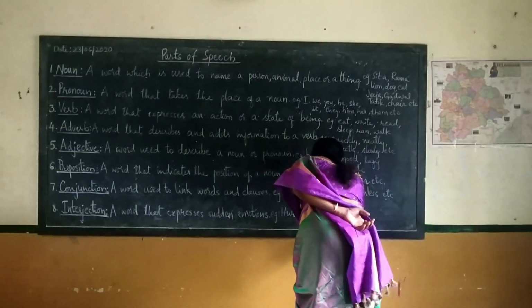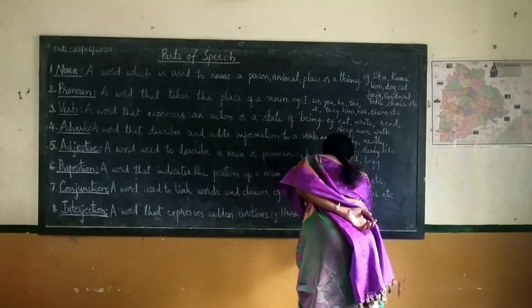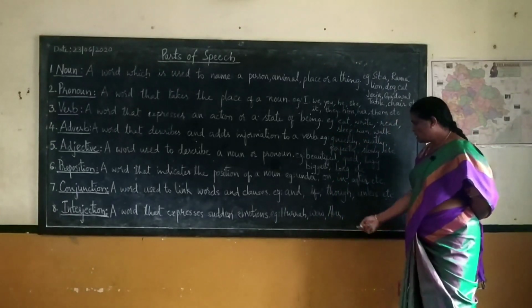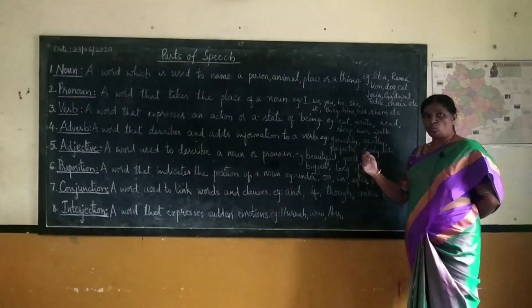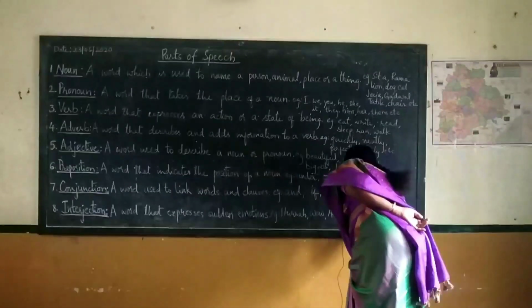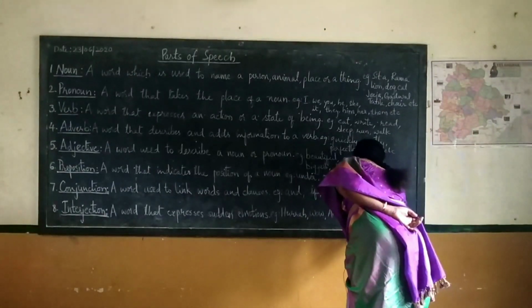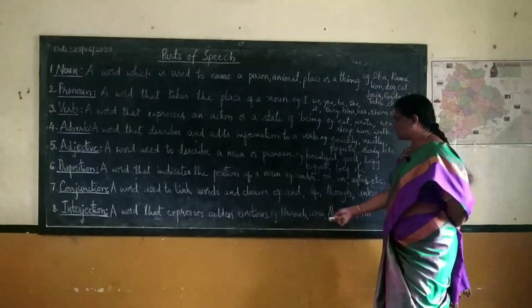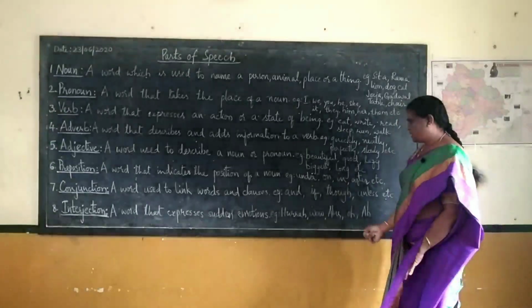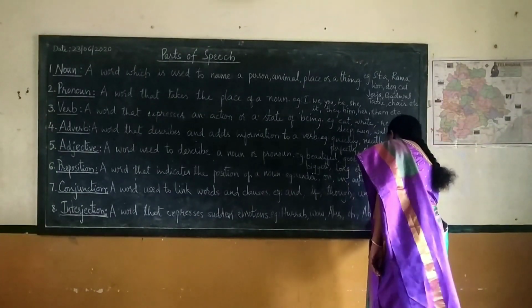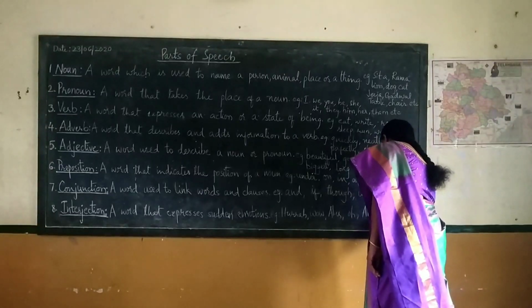So alas is also a sudden expression. Hurrah, wow, alas, oh. Sometimes we say oh. So that is also a sudden expression. Sometimes we say ah. So these are all sudden expressions, and many other things are also there, etc.